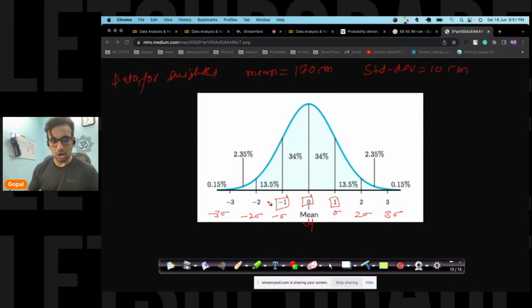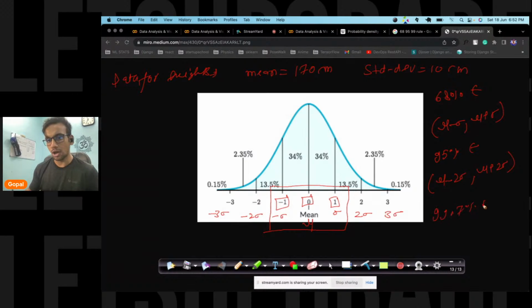If we talk about this region, the 68% will belong to mu minus sigma to mu plus sigma. Your 95% will belong to mu minus 2 sigma and mu plus 2 sigma. And of course, your 99.7% will belong to mu minus 3 sigma and mu plus 3 sigma.